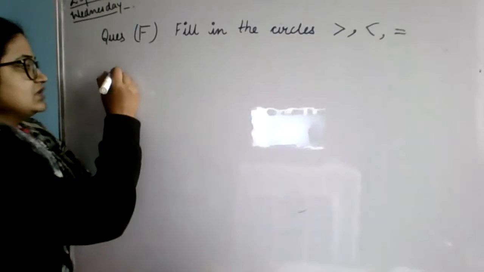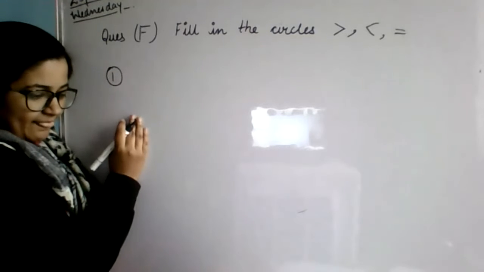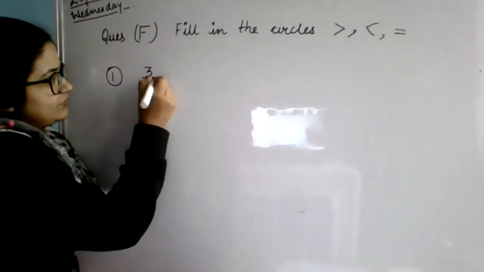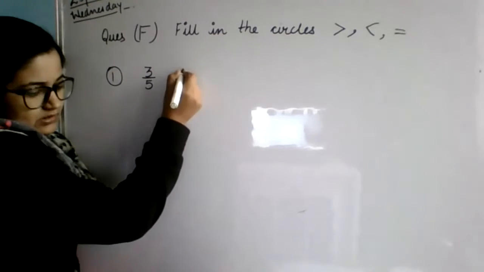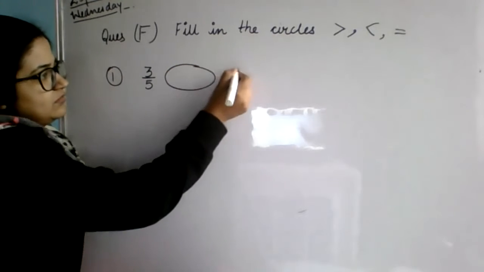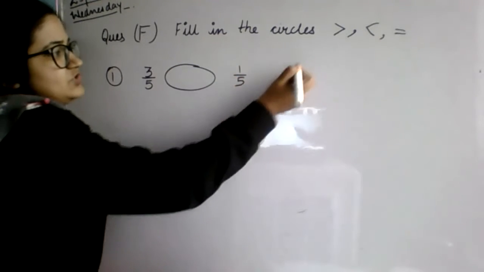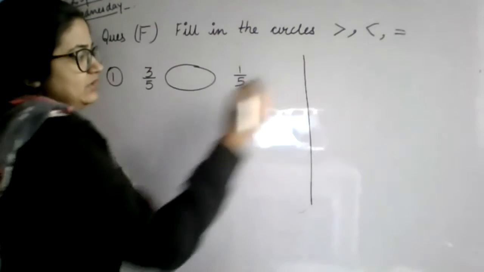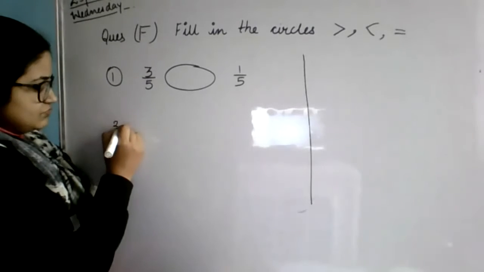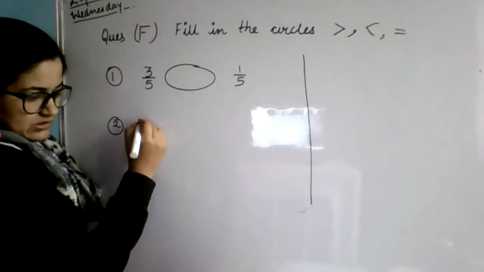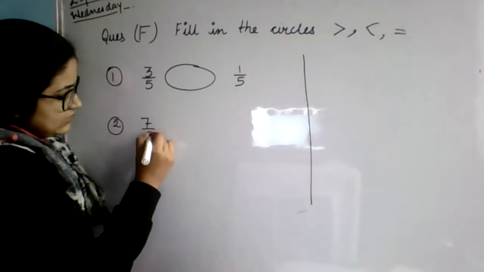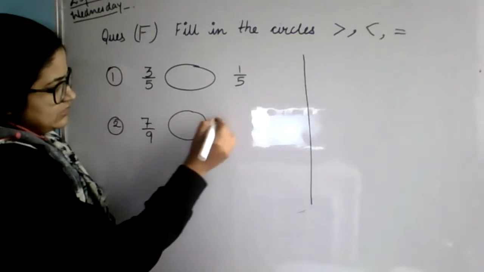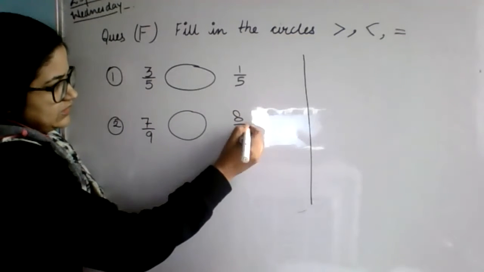Question number 1: 3 upon 5 and 1 upon 5. Divide your page in 2 equal parts like this. 2: 7 upon 9, 9 upon 9.